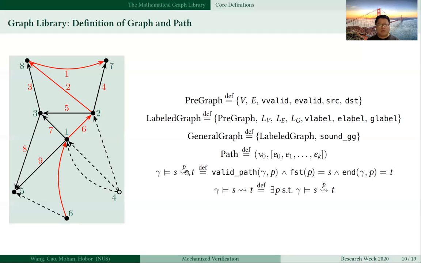Sometimes we don't care about the concrete path, so we put an existential quantifier here. This reads, T is reachable from S in gamma. With these definitions, we define more definitions and prove more theorems about them. They together form the mathematical graph library.